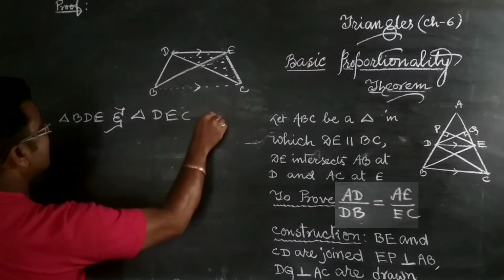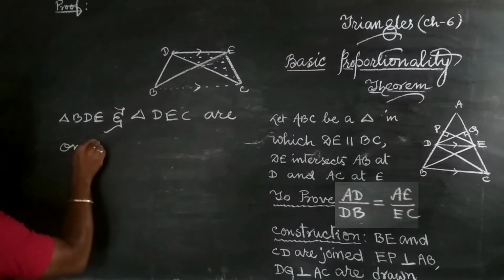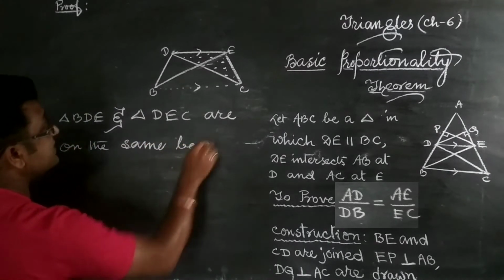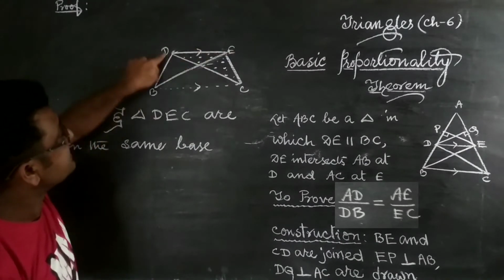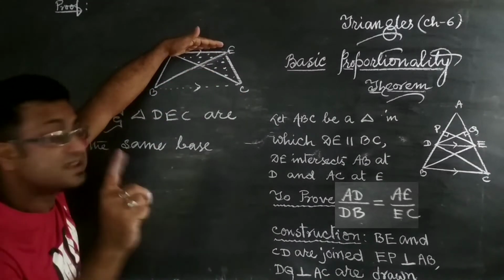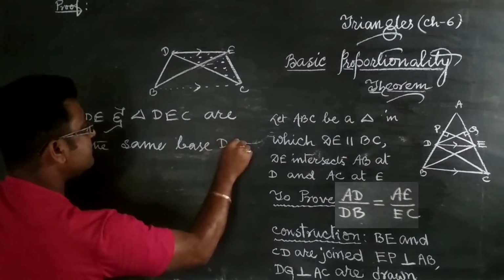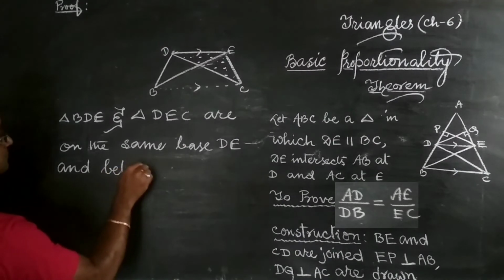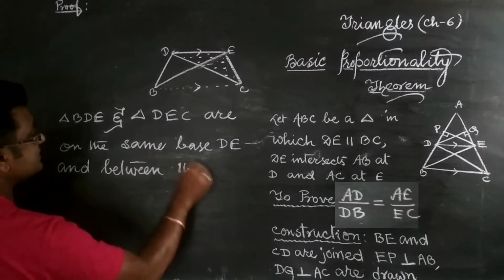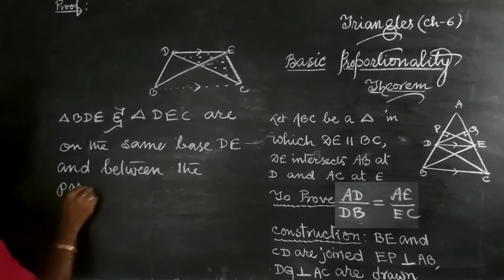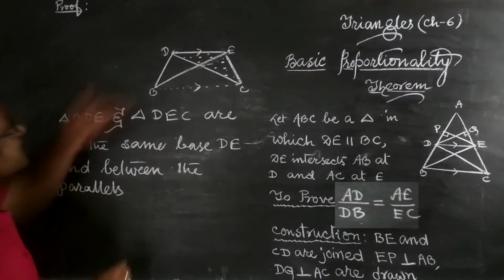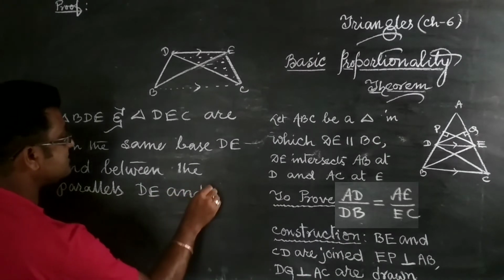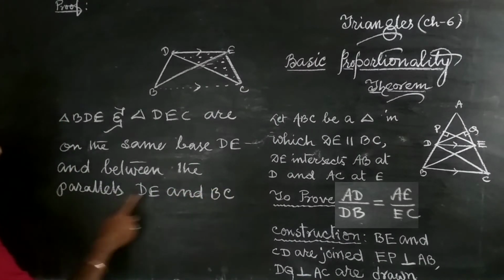What is the base for both triangles BDE and DEC? The base is the same, that is DE, and they are between the parallels DE and BC.